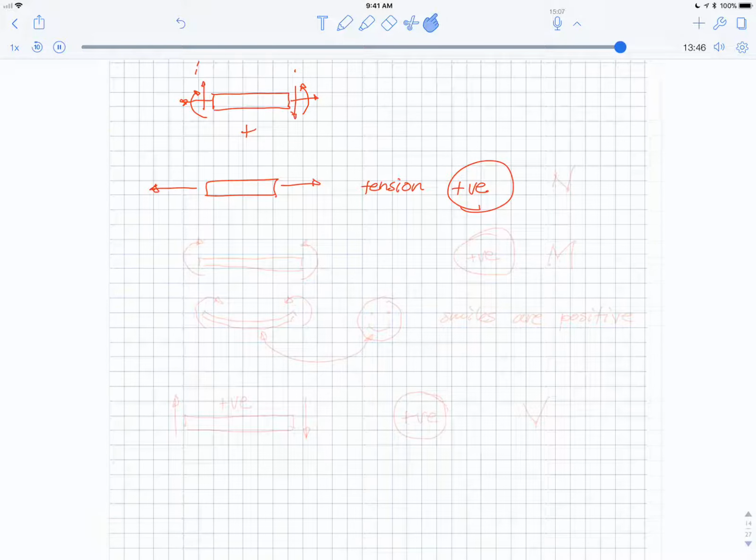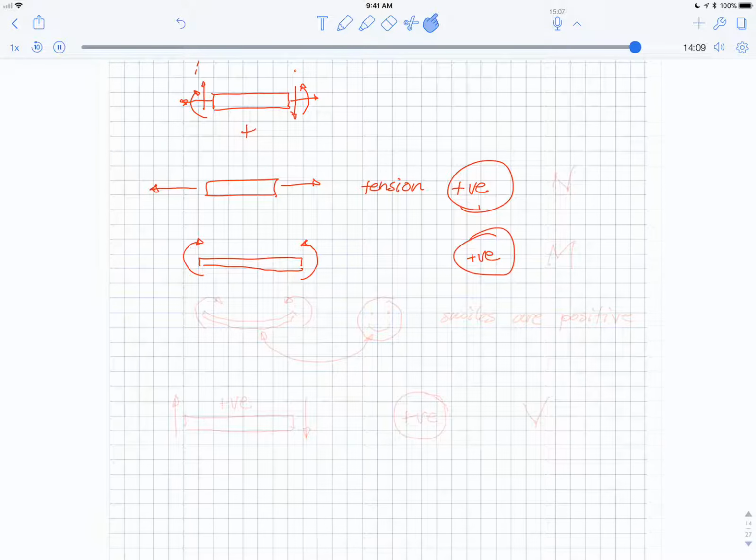Next, I'm going to talk about the moment sign convention. If you have moments that go like this or like this, these are positive. So if you have clockwise on the left end cut or counterclockwise on the right end cut, those are positive.